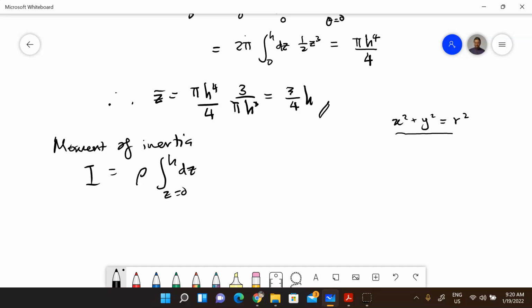So your r squared will appear under the dr integral. This is from 0 to z, dr, and then you have your Jacobian here, and then your r squared, which is your perpendicular distance.